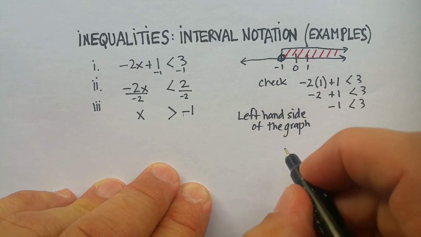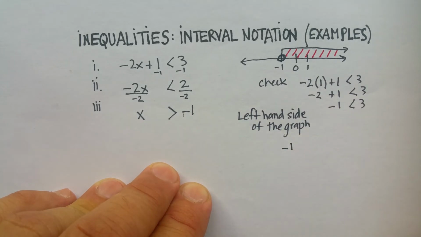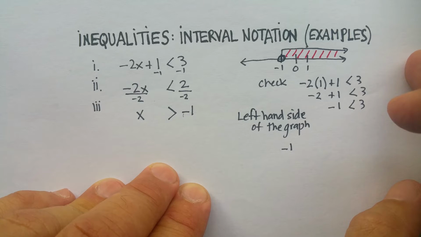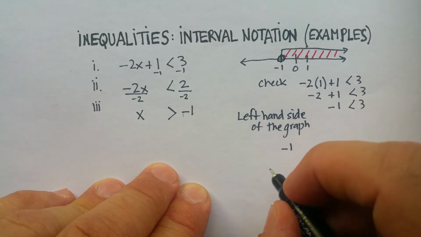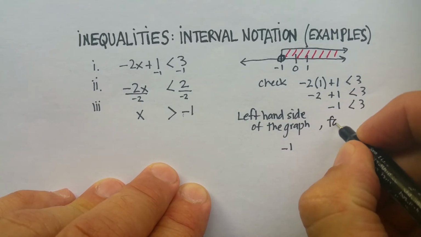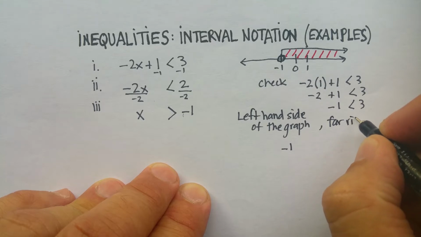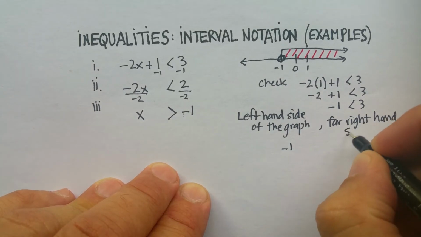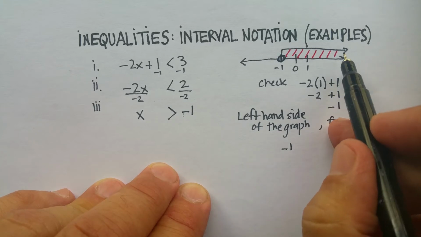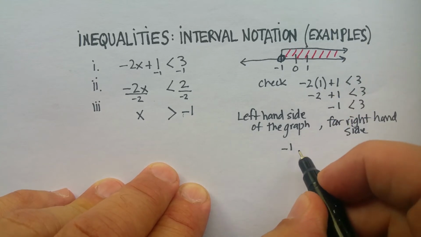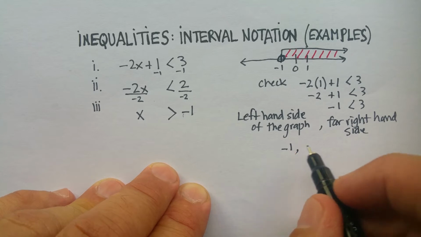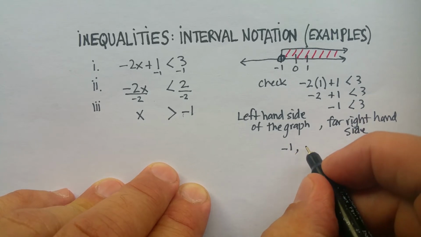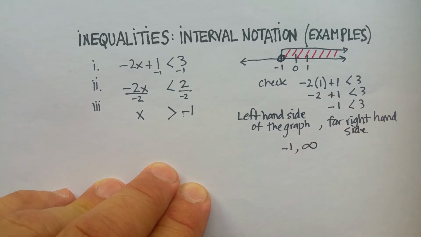And we see that it's at negative 1, so we'll write down negative 1. Then you go to the exact opposite side, the far right-hand side. And we see that it's positive infinity. So I'm just going to go comma, because that's how you separate the left and the right. Positive infinity. So I'll just do one of those infinity signs.